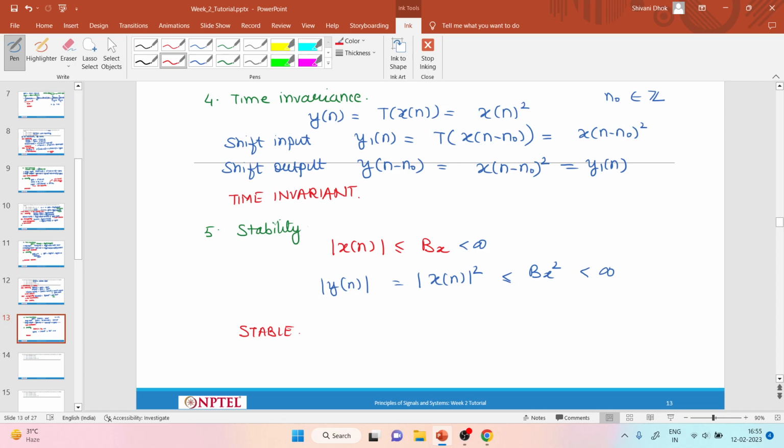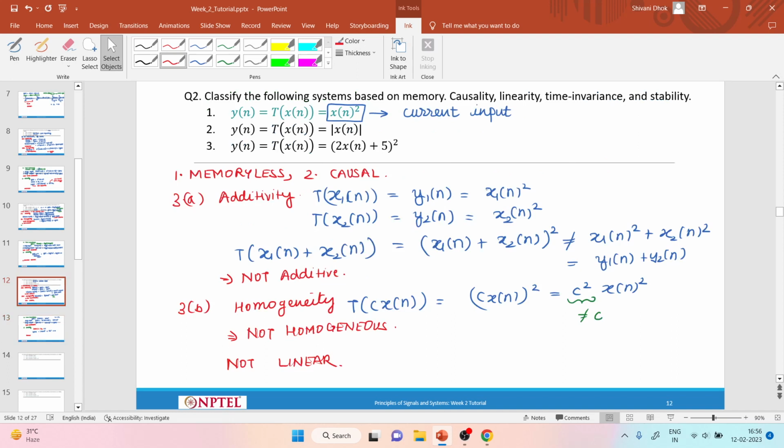Ma'am, can we write this x of n the whole square as x of n into x of n? Yes. Ma'am, this is slightly confusing because if we write x bracket n square, then the whole definition of all the things will change. Your system is like this: x of n whole square.